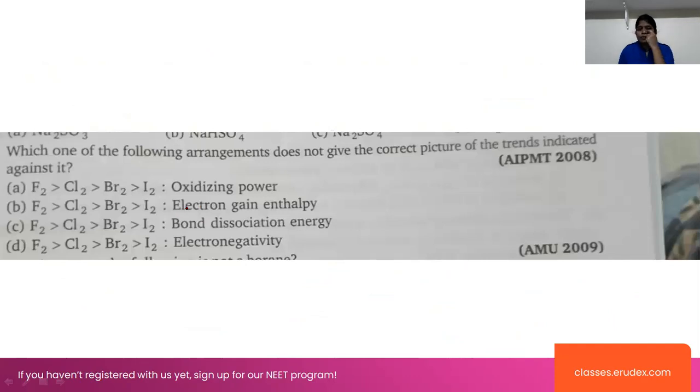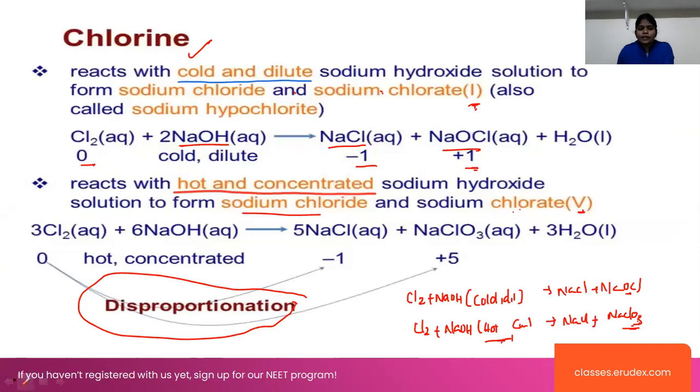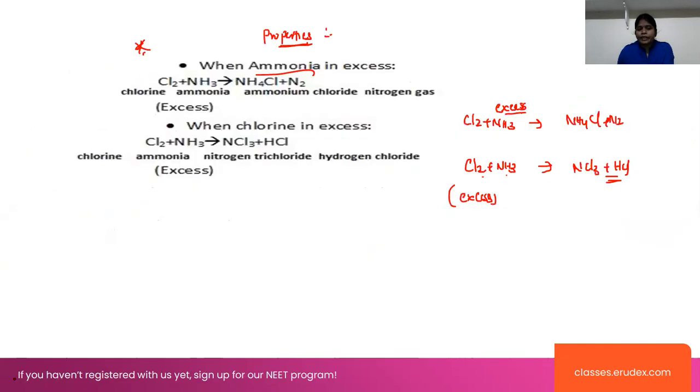Next, on the basis of this concept, we are taking so many questions asked in previous years, right? Which one of the following arrangements does not give the correct picture of the trends indicated against it? Before that, I want to give you some clarity on reducing property and thermal stability.